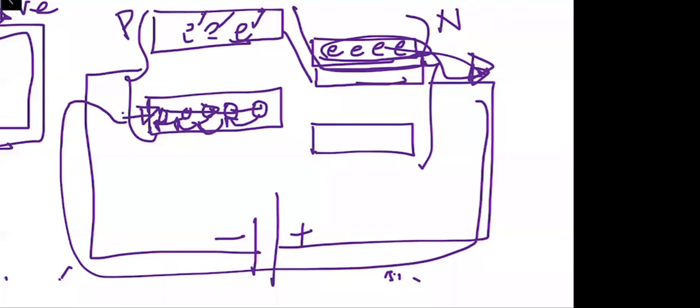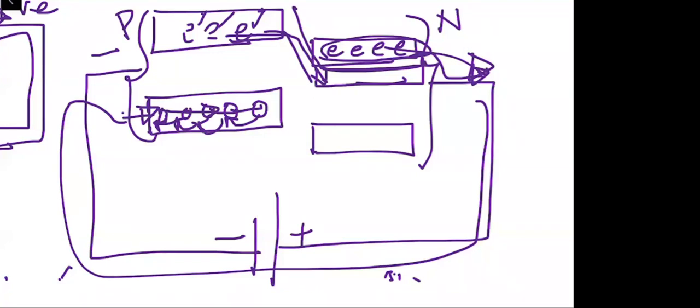So on the P side, we are applying the negative potential. This negative potential will repel the minority carriers on the P side, which are the free electrons. Once they are repelled, these free electrons in the conduction band on the P side will be just pushed down the energy hill.